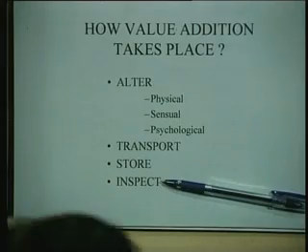Then inspection is a typically very important aspect when you are talking about addition of value, because this is the stage where you are checking whether what you have produced is as per your specifications or not, and that is basically what quality is all about. So you have to talk about these.